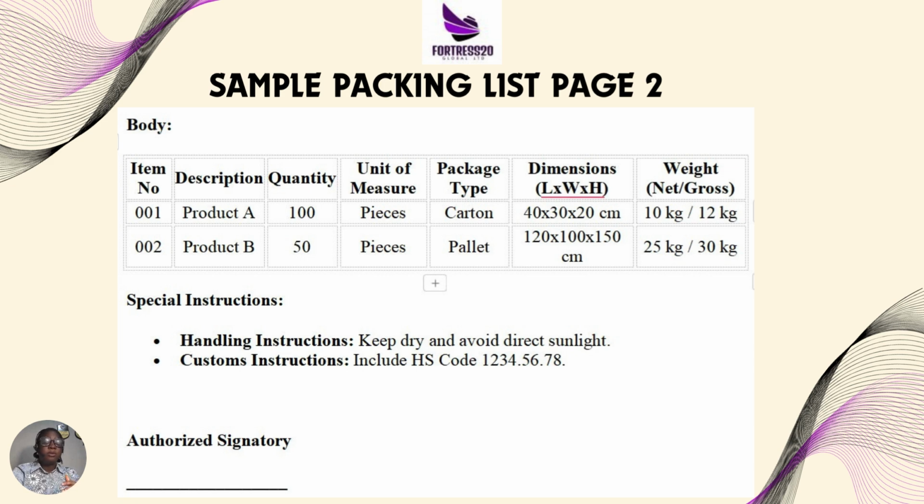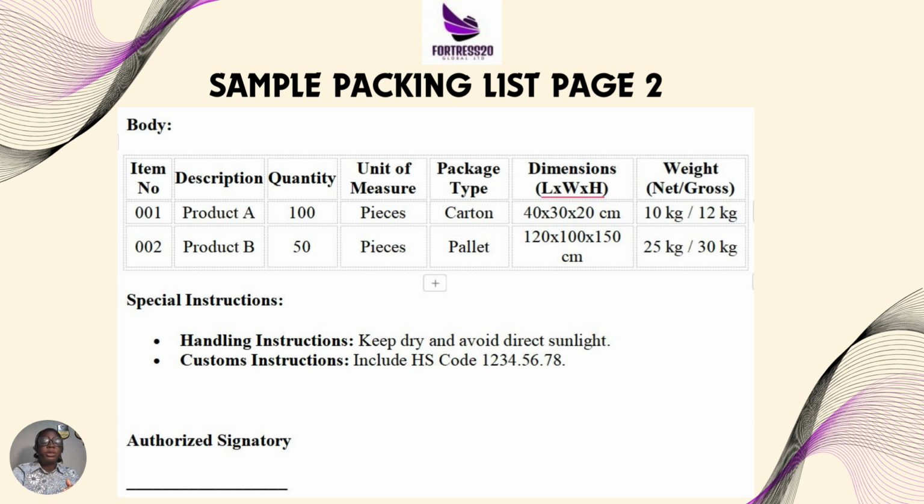Then you have the body of the packing list, the item number. So the first item, product A, the quantity 100, the units of measure pieces, the packet type carton, the dimension 40 by 30 by 20 centimeters, the net and gross weight 10 kilograms net weight, 12 kilograms gross weight.